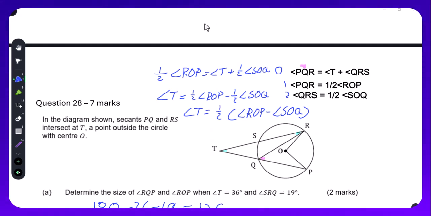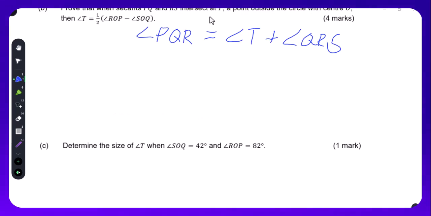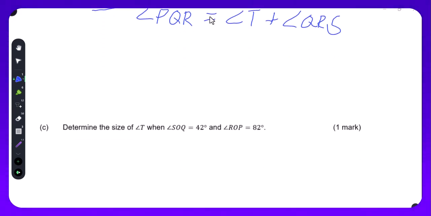Now, lastly, we have part C, which is determine the size of angle T when angle SOQ is 42 and ROP equals 82. We're just going to put in the angles with what we've just solved. And to be fair, even if you didn't solve it, you could just put it in the formula they gave you up here.